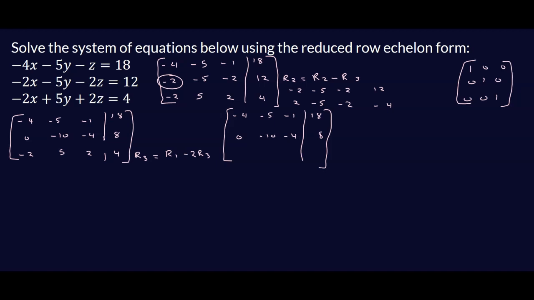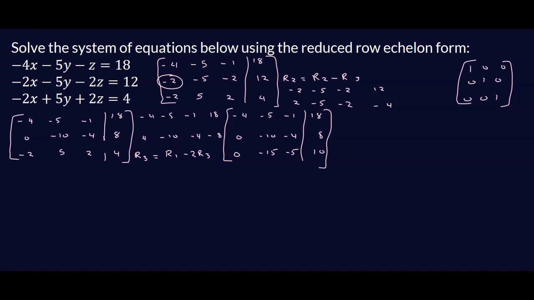Okay, so row 1 is negative 4, negative 5, negative 1, 18, minus 2 row 3. So we're going to multiply row 3 by negative 2. So we have 4, negative 10, negative 4, and then negative 8. So let's add this up. We have 0 here, negative 15, negative 5, and 10.